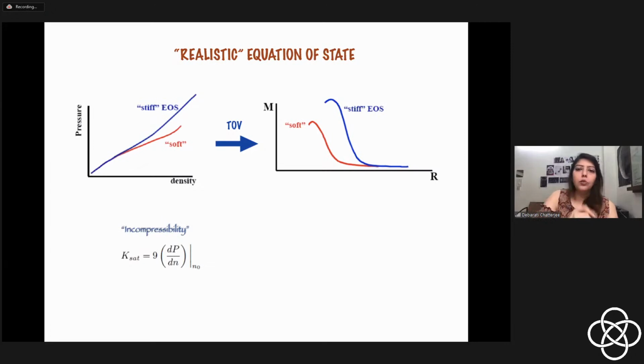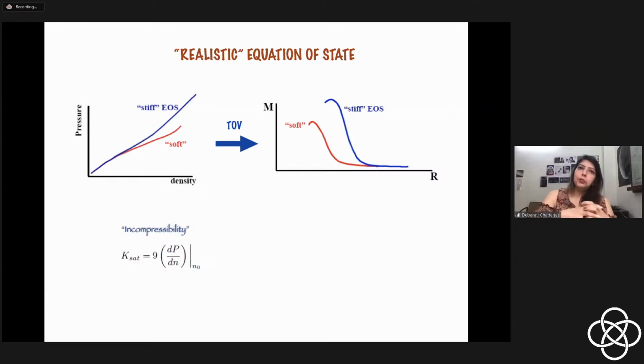So if you had only neutrons and some protons, electrons, you would have a very steep equation of state, also called a stiff one. And then now you start to add these strange particles. These strange particles take away some energy, some new degrees of freedom, take away some energy from the system. And this causes a softening of the equation of state, a lowering of the slope.